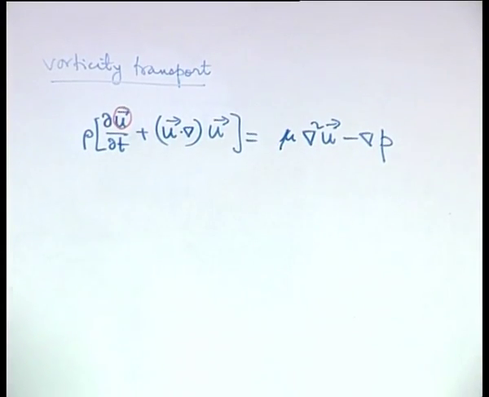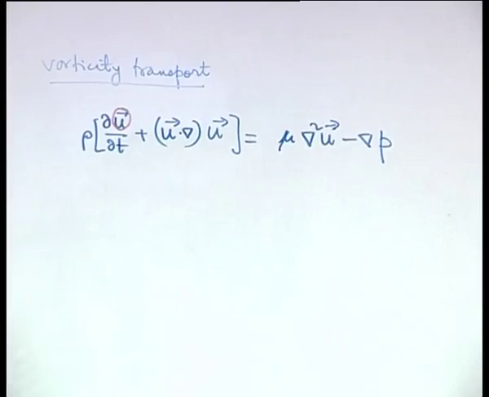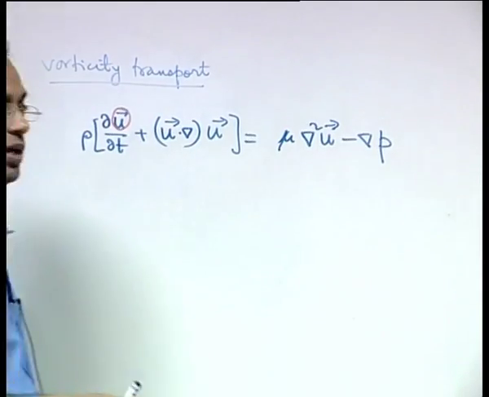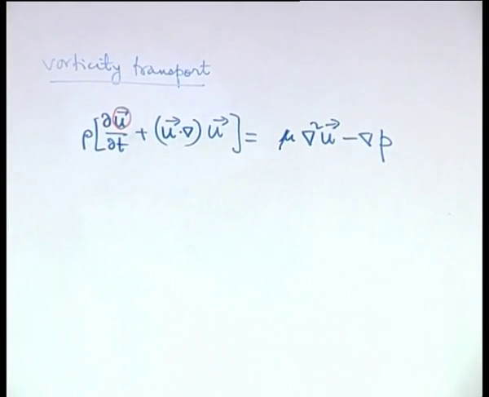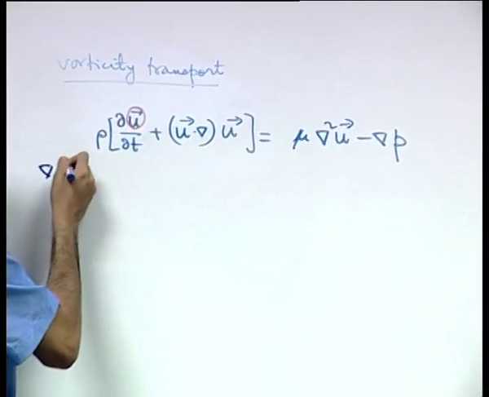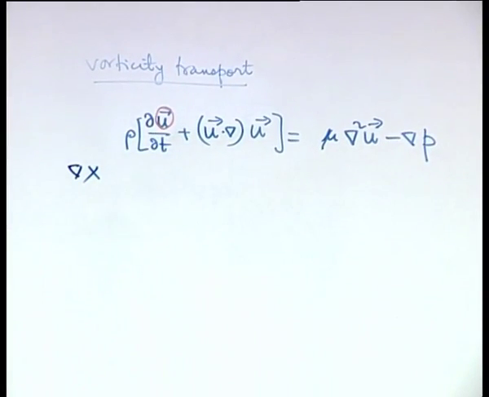Now from velocity we want to get the vorticity. So what we can do, simply we can take curl of both sides in this equation. So we take curl of both sides, del cross.